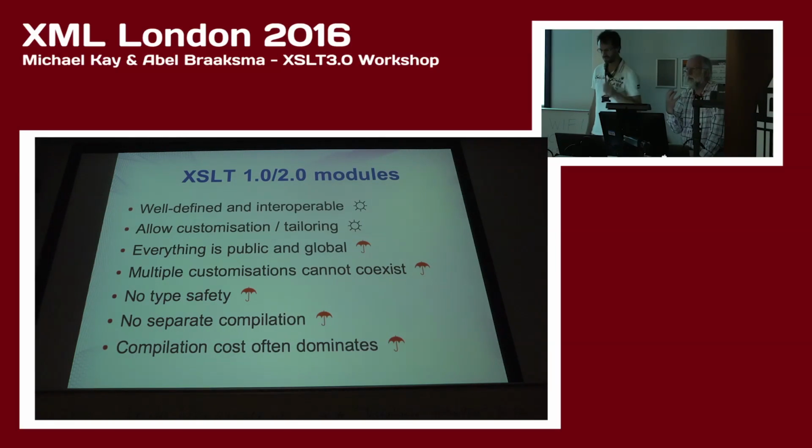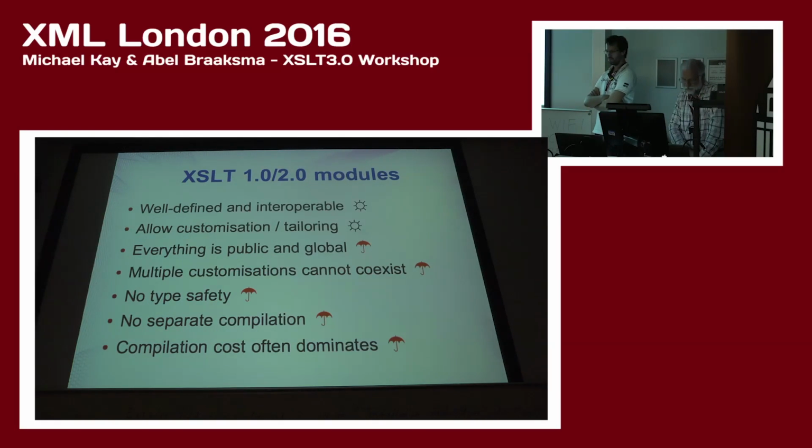You can override a template with something that does something completely different, has a different signature, has different defaults, has different types. When you look at that template that you're calling, you have no idea what it's going to be overridden with. And that means your scope for making decisions at compile time until you've seen all the modules is very limited indeed.